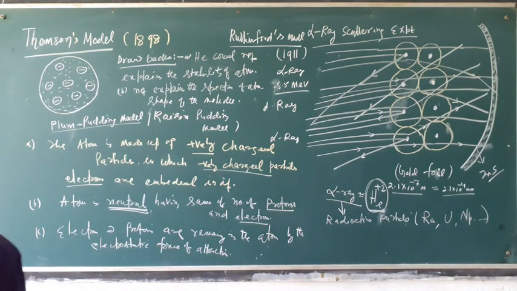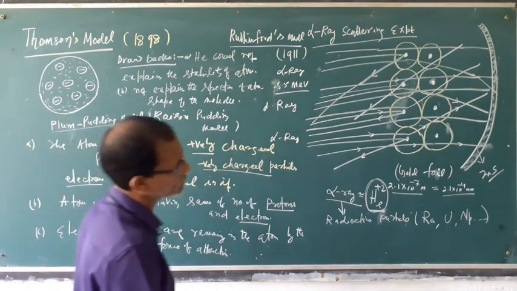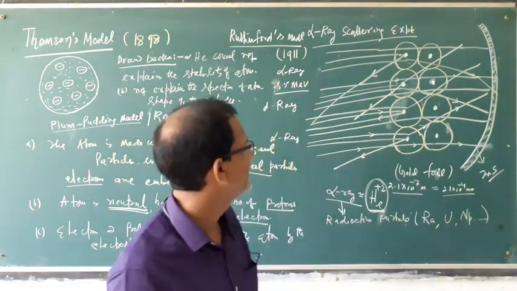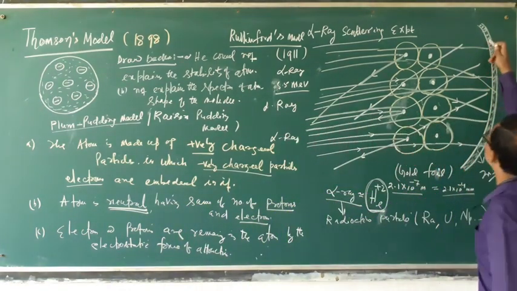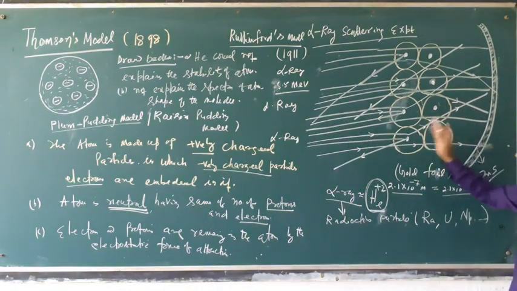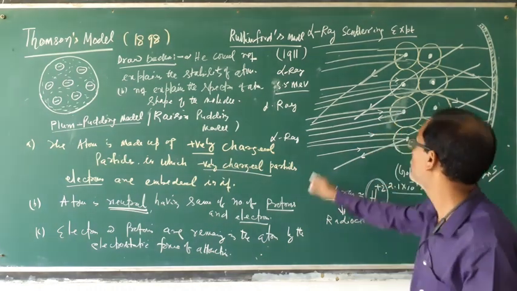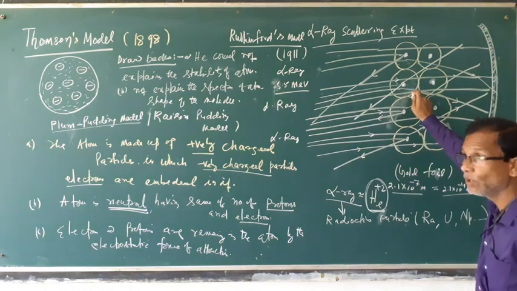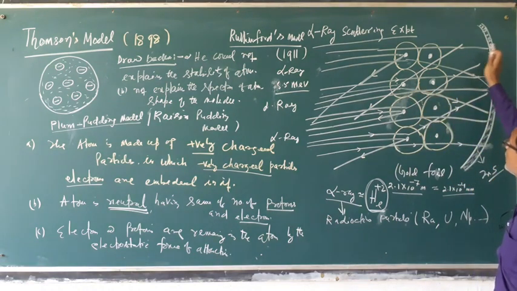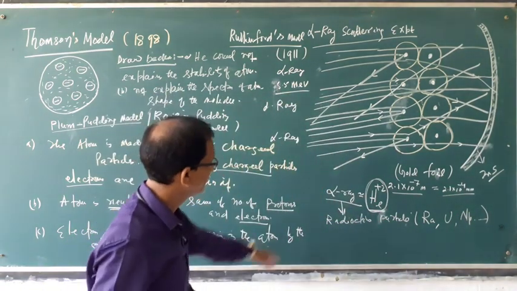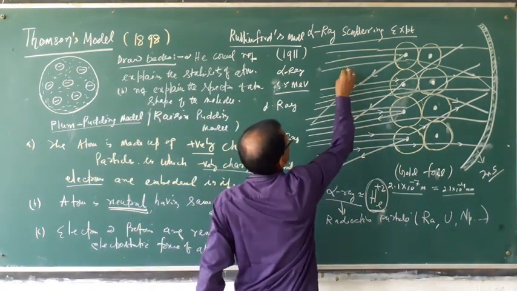When the ray falls on the zinc sulfide, it will be illuminated, it will produce light. That's why the photographic screen is placed at the back side, because alpha ray is invisible.